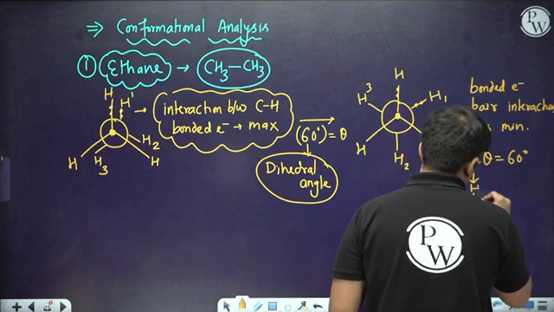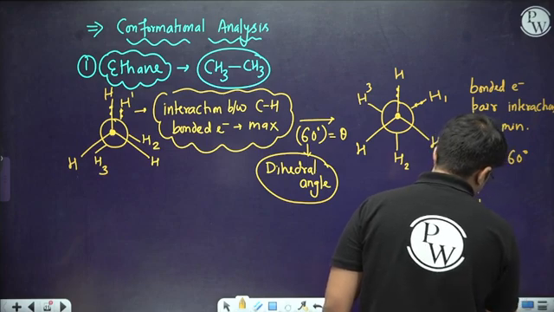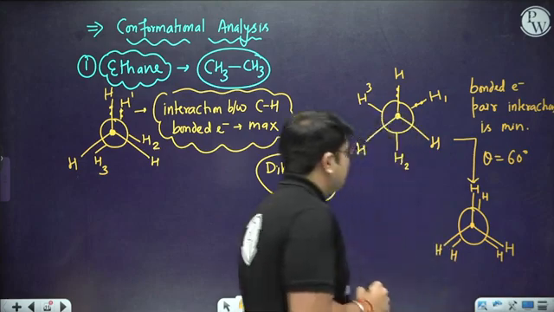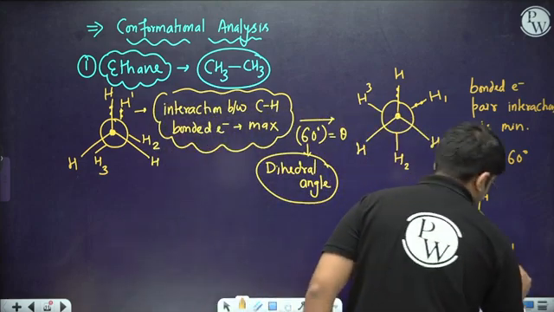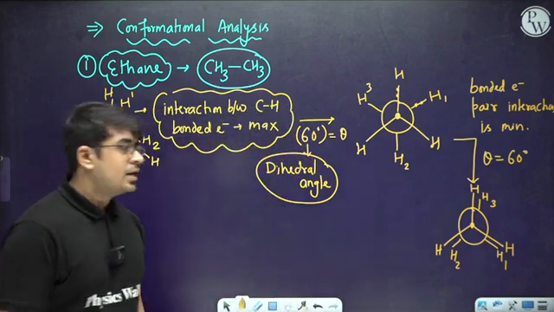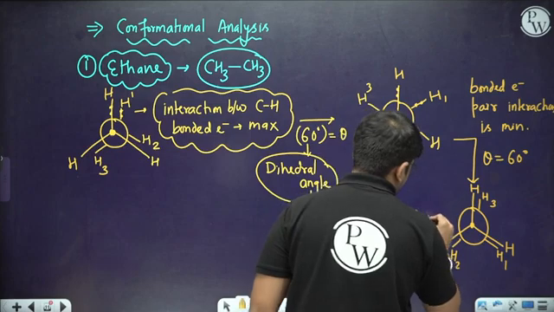Front carbon and hydrogen bond is fixed. Now you can see it again looks like this, that we have H, H and H. But the position now is we have H1 here, H2 here and H3 here. Can I rotate it again? Yes, definitely. Theta again 60 degree.